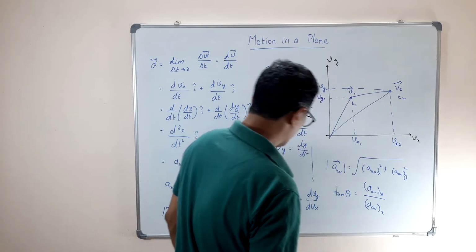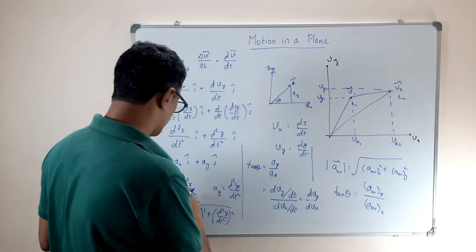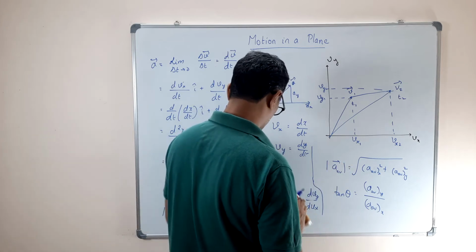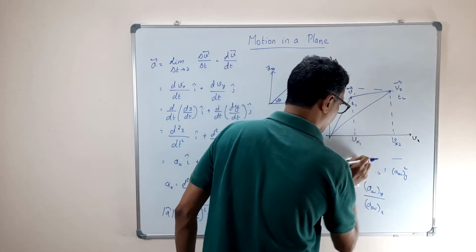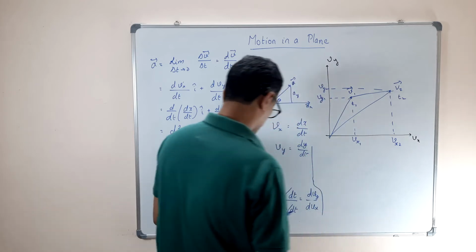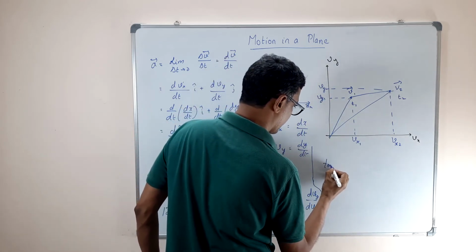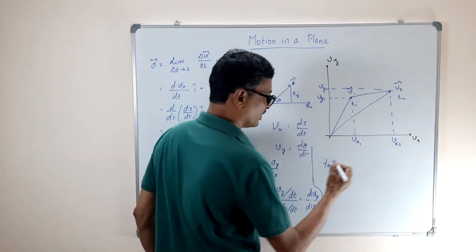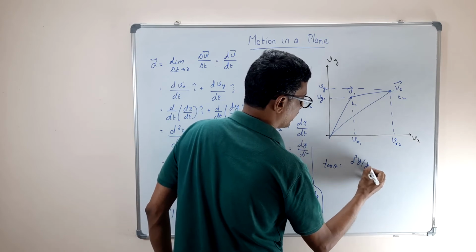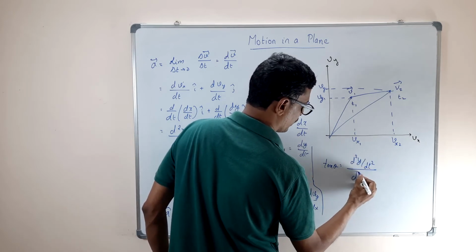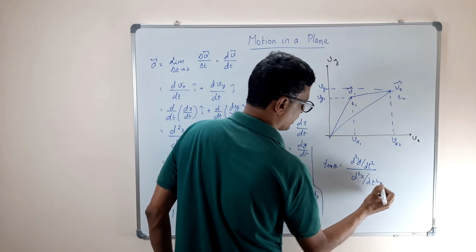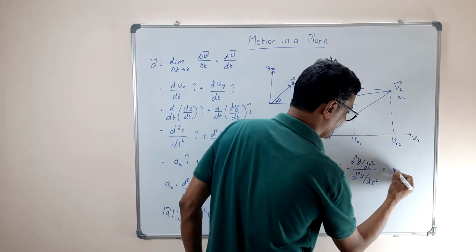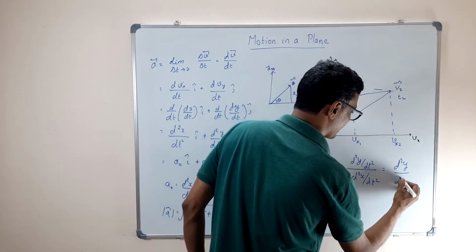Remember one mistake. See this, why I said that you can't simply strike off and cancel this derivative is, last time I was telling that. So if you write this tan theta as d square y by dt square divided by d square x by dt square, you can't cancel dt square and write d square y by d square x.